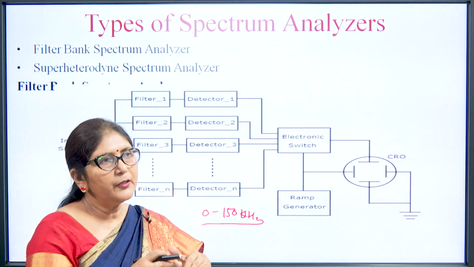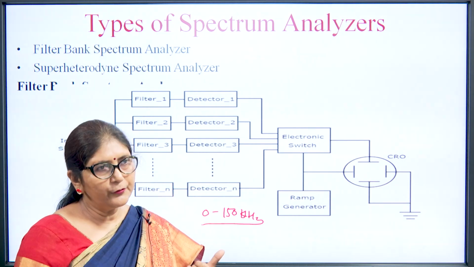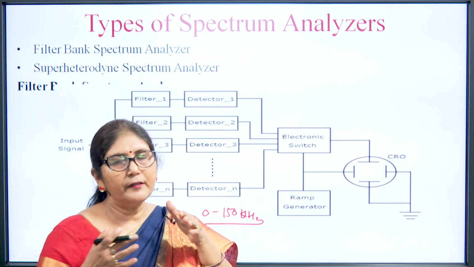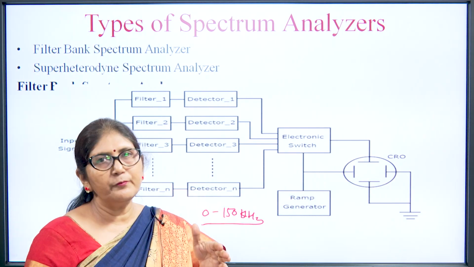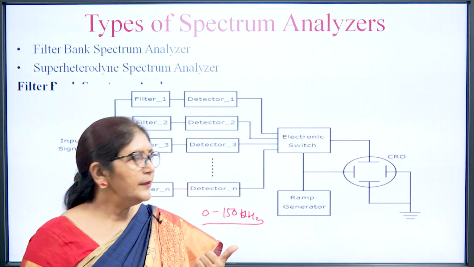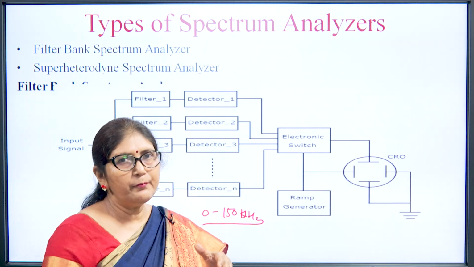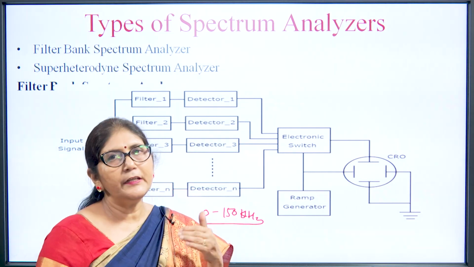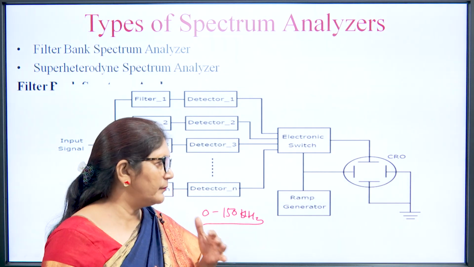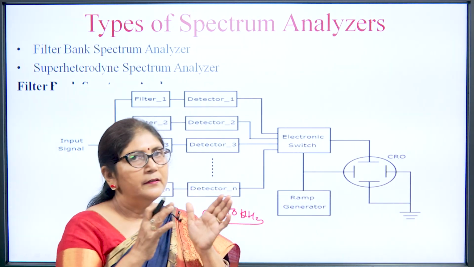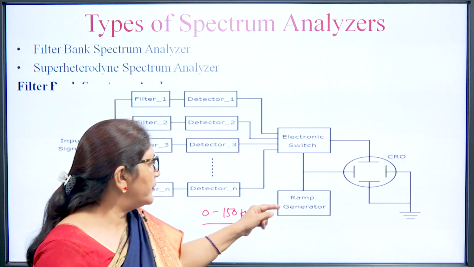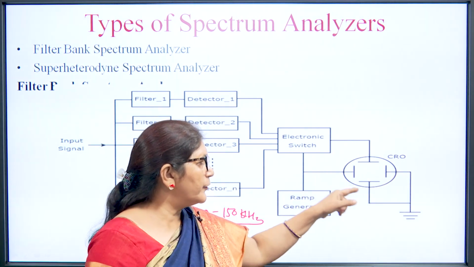The detector circuit basically converts the AC signal into a DC signal, and that DC signal is fed to the vertical deflection plates of the CRO. This is the CRO screen. In the CRO screen, the Y deflection plate is used for the amplitude display, and the X plates are used for the time display. The ramp generator signal is fed to the X plate.